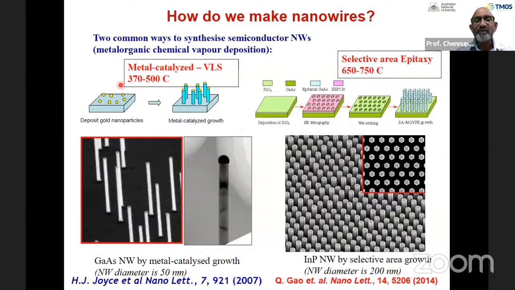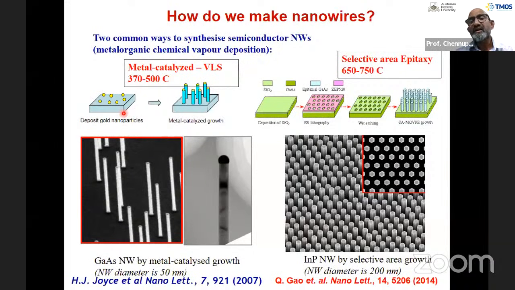In this case, we take some gold nanoparticles. You can buy these in colloidal solution these days from 10 nanometers up to 300 nanometers or so. We put a colloidal solution of gold nanoparticles of 50 nanometers in this particular instance, and heat them in an MOCVD reactor on a gallium arsenide substrate, for example.